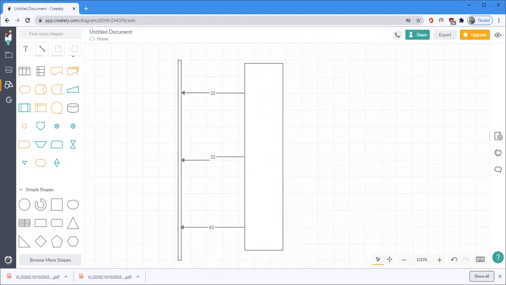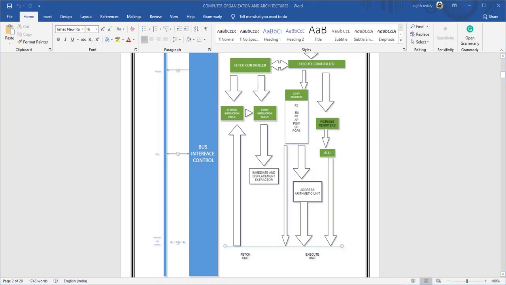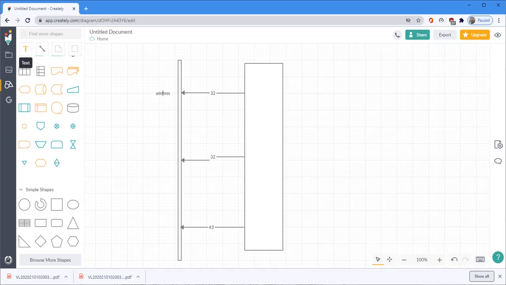So let's take a text bar: address, data, and control.